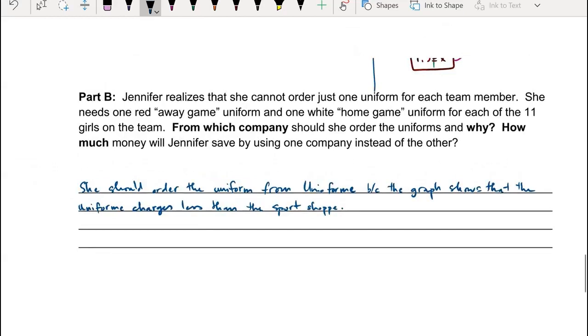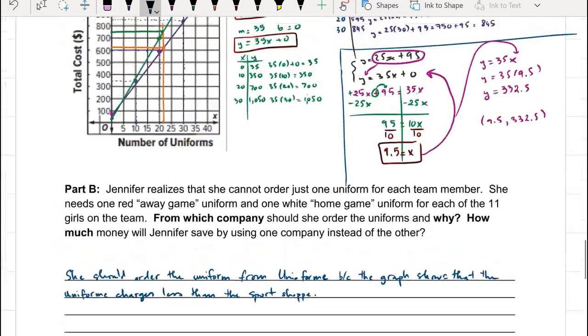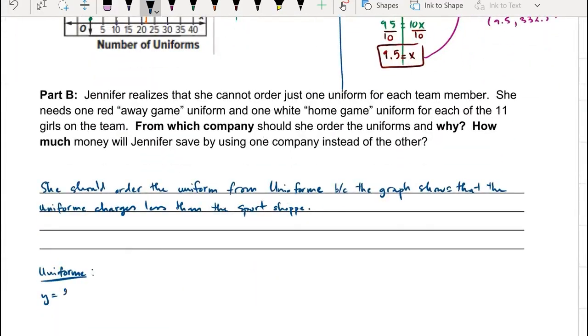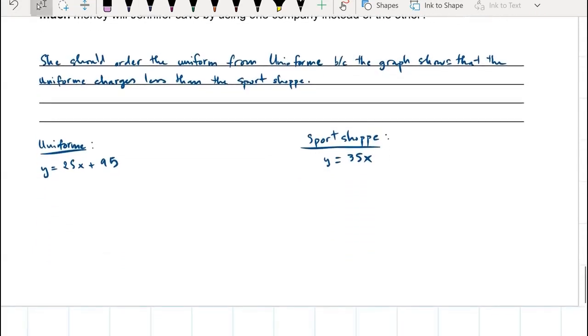To know how much she saves, we have to plug it in. So the Unique For Me equation was y equals 25x plus 95, and the other one, Sport Shopee, the equation was y equals 35x. So we need to buy 22 uniforms.